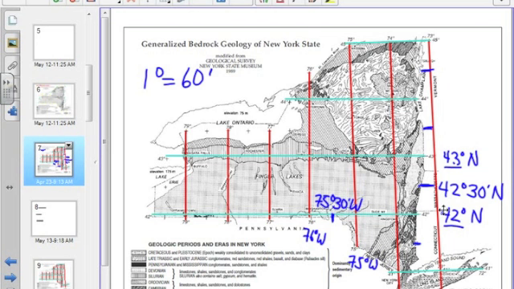So maybe the skill that we focus in on in our first visit to this map is not just recognizing the shape of the state, recognizing the cities, the waterways, the rivers, but also practicing a little bit in terms of latitude and longitude. So let us take a look at some examples.